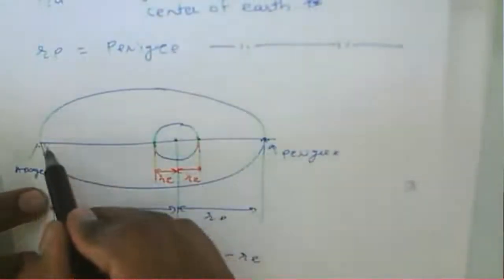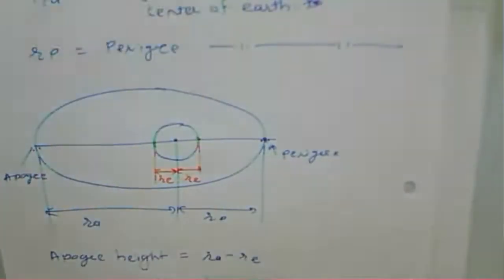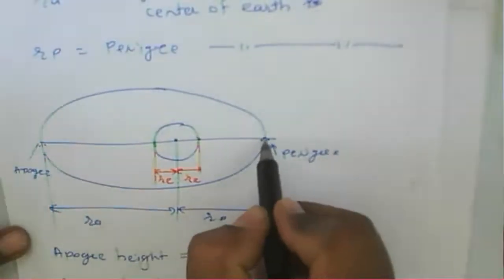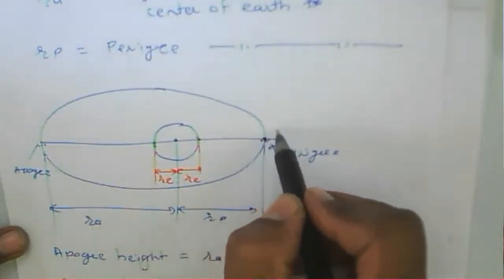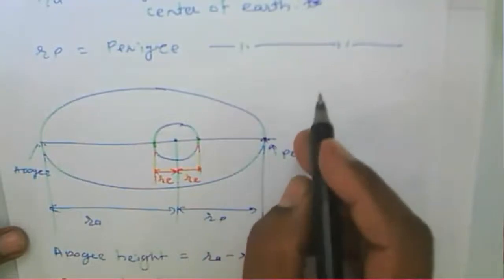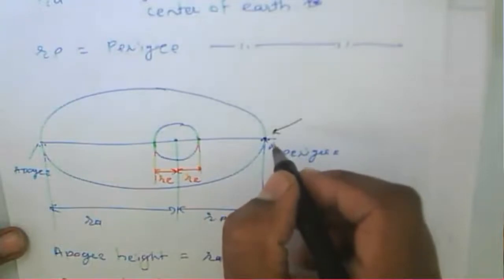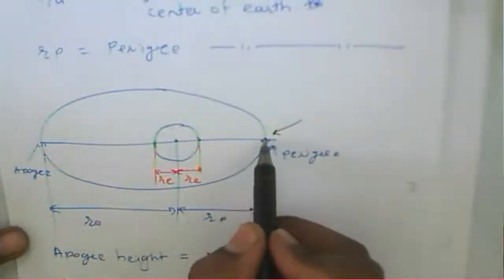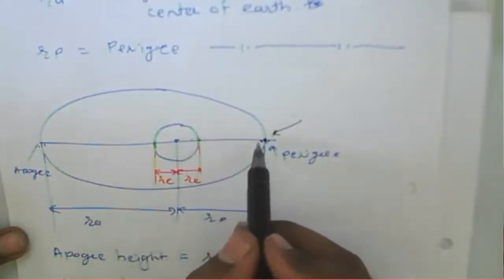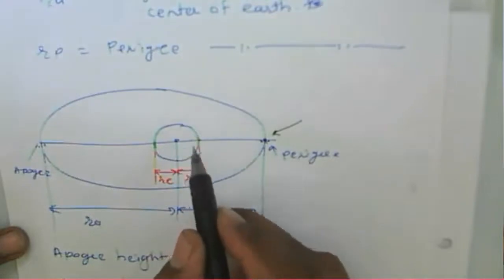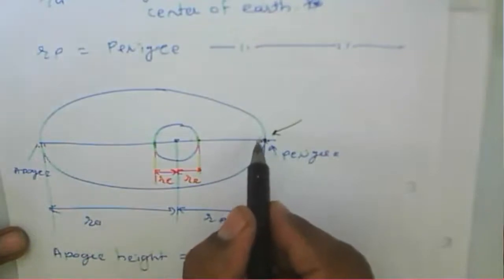Time of perigee means, if we have a satellite moving in a given orbit, the time when the satellite last passed this perigee, or the last time when the satellite was nearest to the earth. The perigee point is the point nearest to the earth.